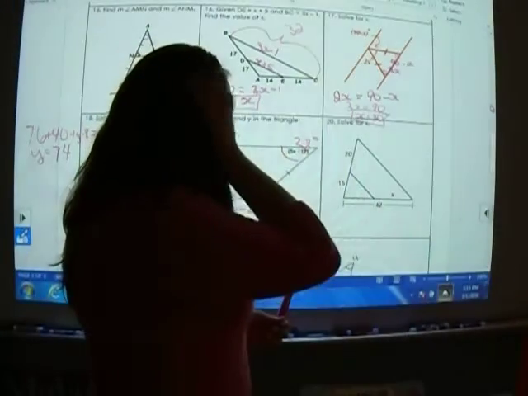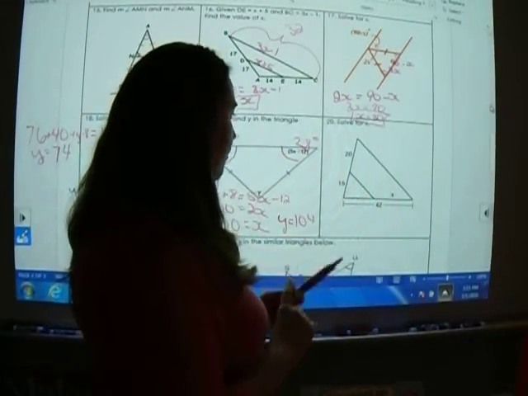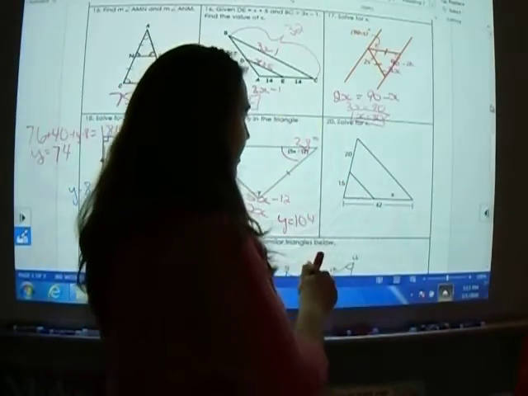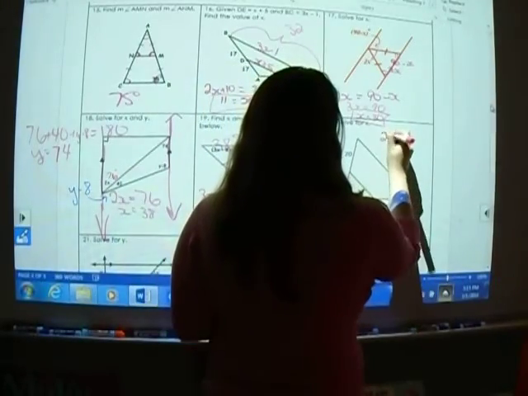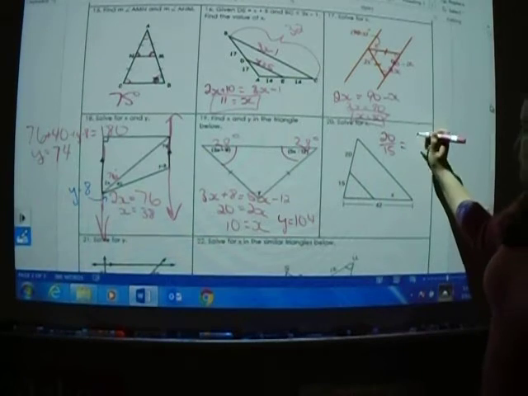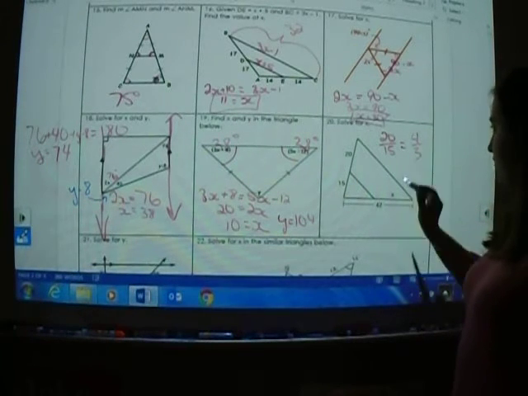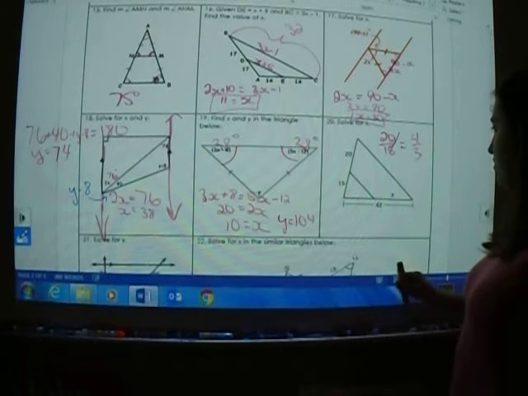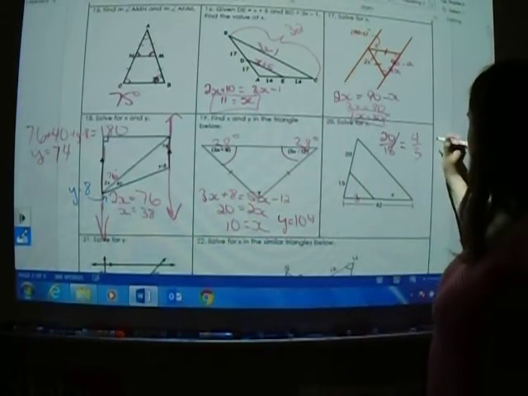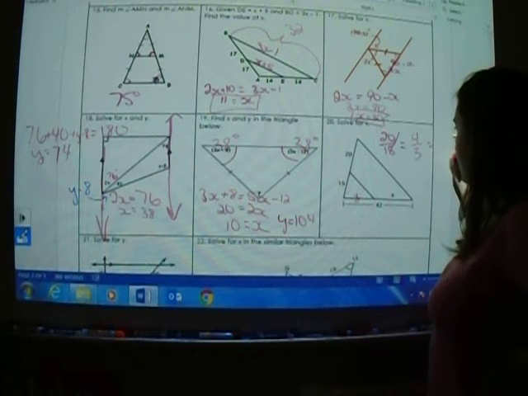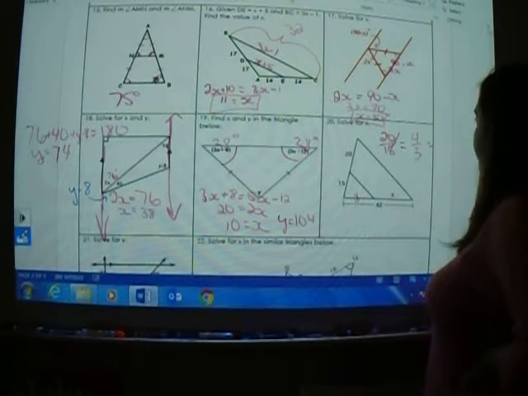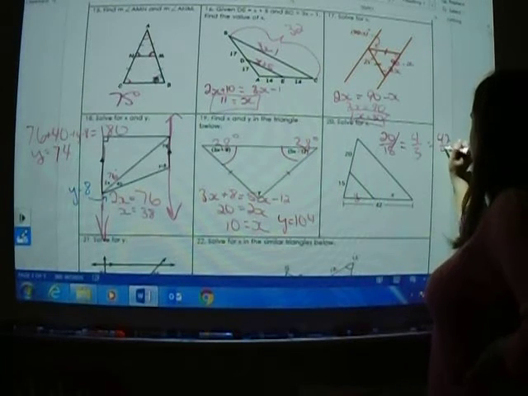All right, let's do number 20. This is 20, this is 15. So the ratio is 20 over 15, which is 4 over 3 when we simplify. And let's call this part y, which equals, let's see, hold on, 42 over y.